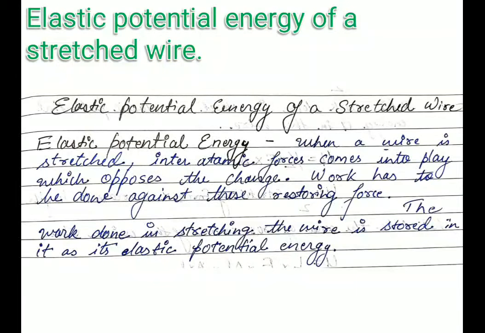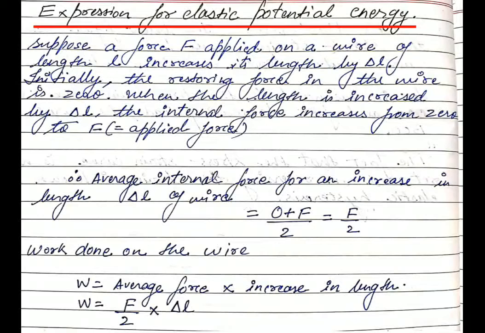Okay, so students, let us begin with the expression for elastic potential energy. Suppose a force F is applied on a wire of length L and it increases its length by delta L, a small change in length.